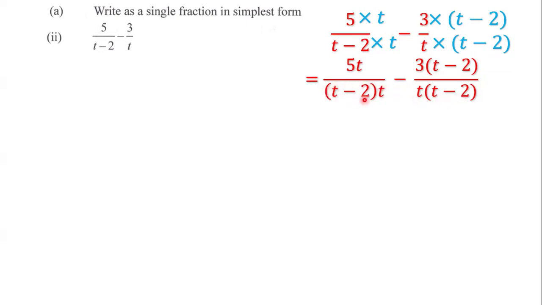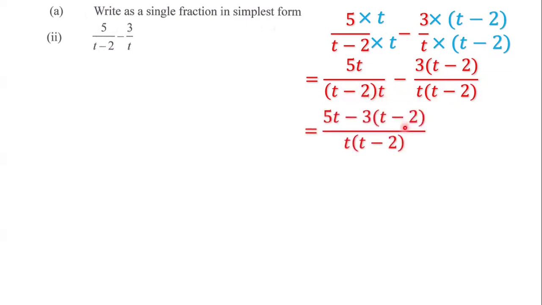So these two denominators are still equal. Even though the t is in the front of t minus 2 in one case, and in the other t minus 2 is first and then t is second, that's fine. The denominators are still the same because the expressions are equal.